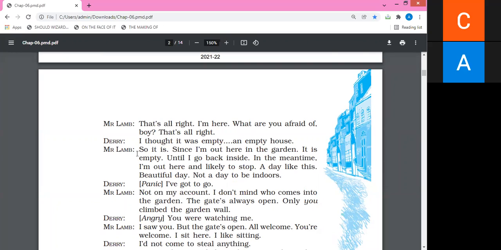He wanted to highlight that the house is entirely empty, because he was all alone in the house. He wanted to highlight that he was out there in the garden, that at that particular moment he was not inside the house. So that is why he was highlighting the things in a comical way, that the house was empty.